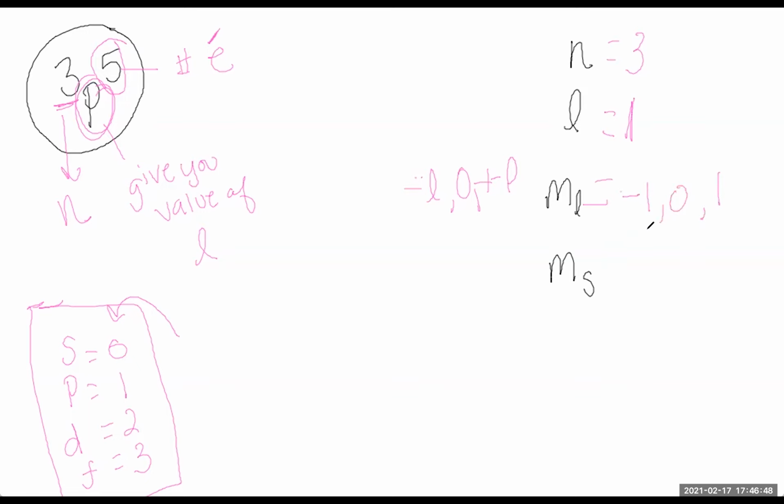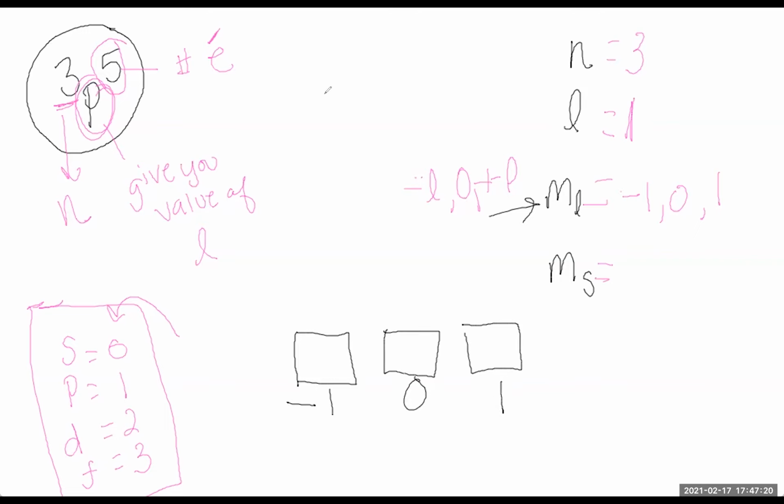So that's our M of L. That's our range. Those are our subshells. And then our M sub of S, we don't know our M sub of S until we actually arrange the electrons that we need to arrange. So right here, this tells us how many little subshells we need, this range right here. So we have negative 1, we have 0, we have 1.